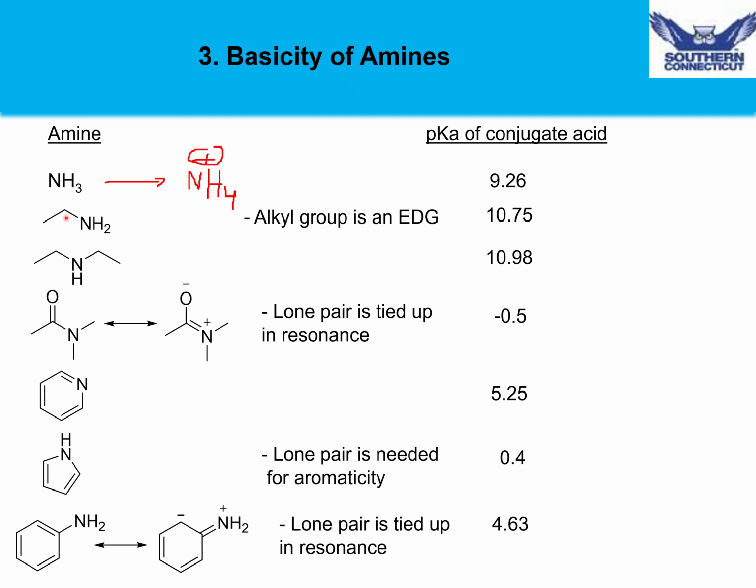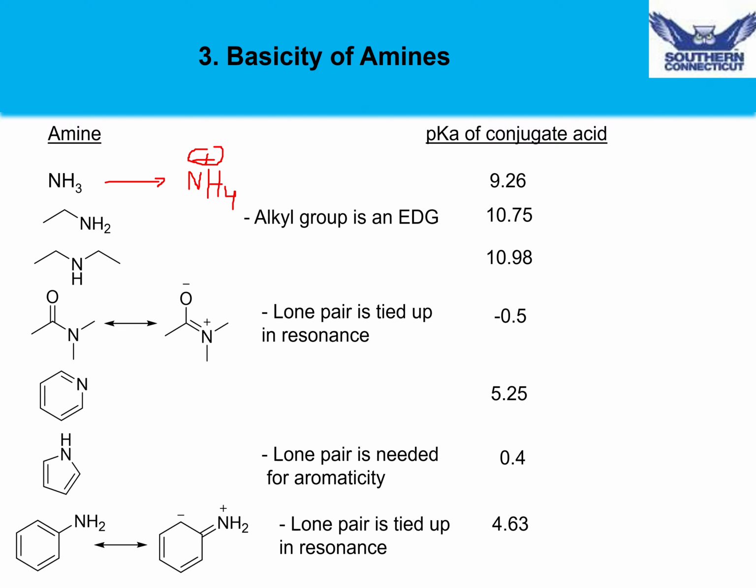One way we could rationalize this is that the ethyl group is an electron donating group, and so we can think of that nitrogen as being more electron rich, and it can react with an acid easier. Another way to think about it is the stability of the conjugate acid.